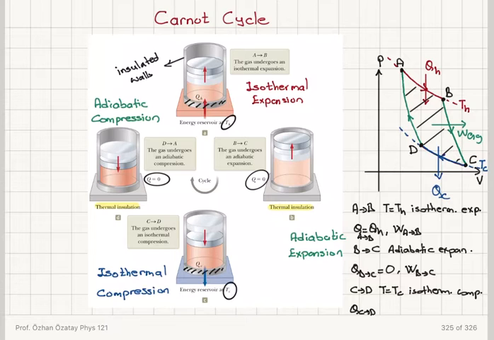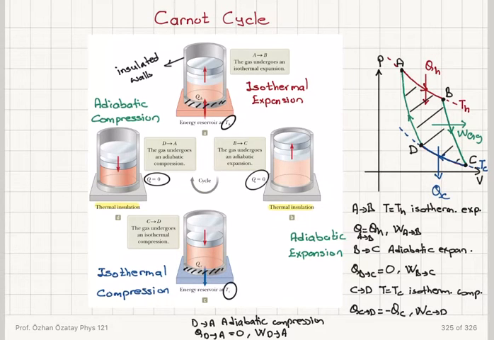The heat added is minus Qc, it's actually heat released, and there will be a work done from C to D, and we will have a final step from D to A, adiabatic compression, and this is the point where we have no heat added to the system, heat is zero, there will be some work, W from D to A.